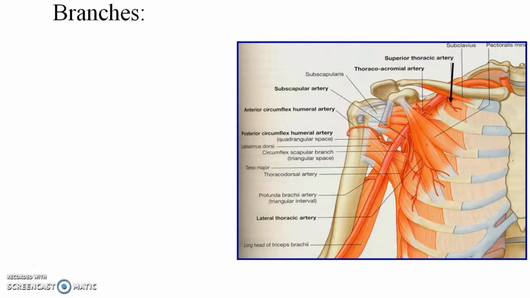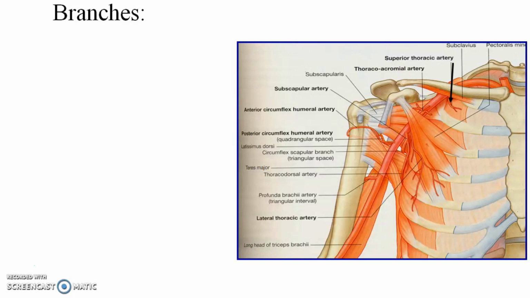Among that, the first part of the axillary artery starts from the outer border of the first rib to the upper border of the pectoralis minor muscle. You can make out a small part here. This part we call the first part, and from this first part one branch arises, which we call the superior thoracic artery.